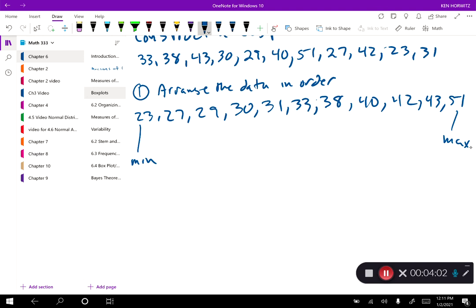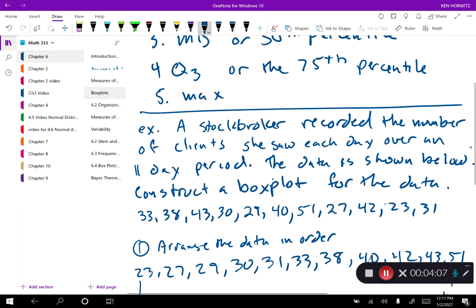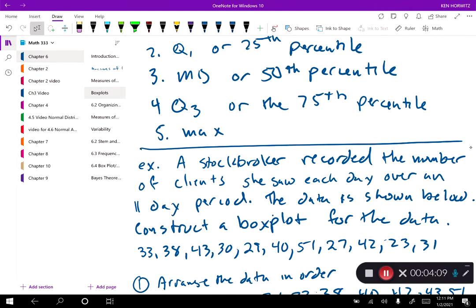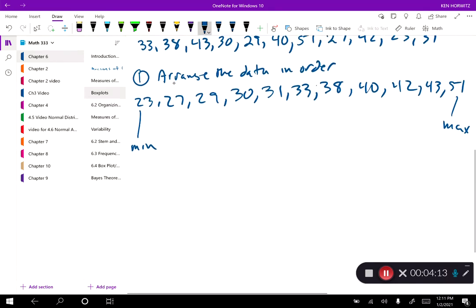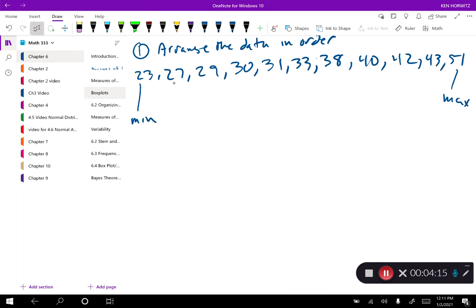Another benefit of having the data arranged in order is another number in your 5-number summary becomes very easy to calculate, which is the median. We have 11 numbers here. So why don't you pause the video once again, find the middle number, and we'll check our answer on the back end.